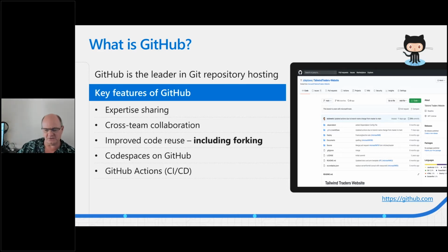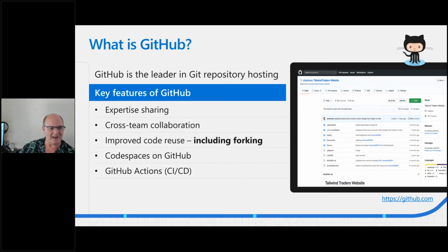Codespaces allows you to run an integrated development environment, an IDE, which is a subset of Visual Studio Code, which I'll describe in a minute, on a container in GitHub. So it's not running on your local machine, it's running out on the cloud. And the advantage of that is you can have pre-created and pre-approved images that your organization can work with.